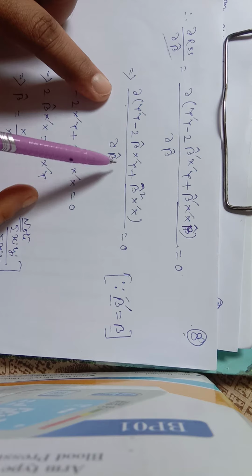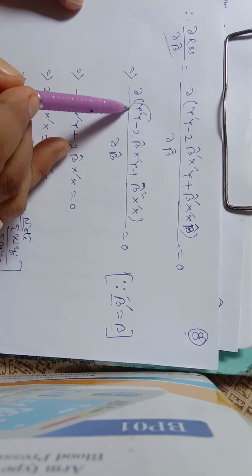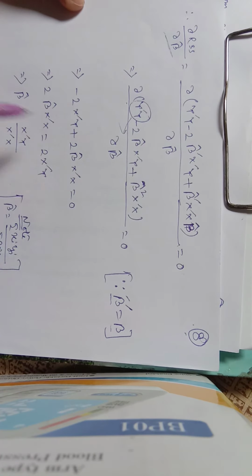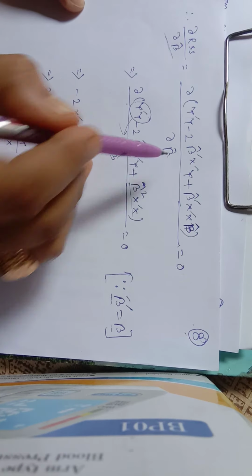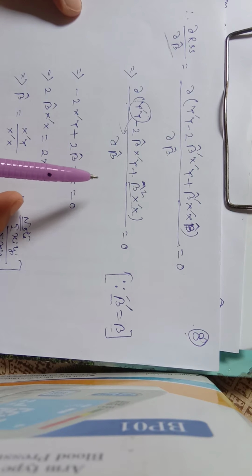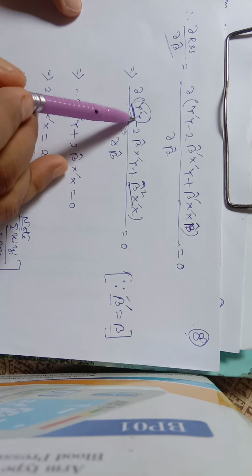So we are doing simple differentiation. This is constant with respect to beta hat, so that becomes 0, and this cannot be differentiated because there is no beta.